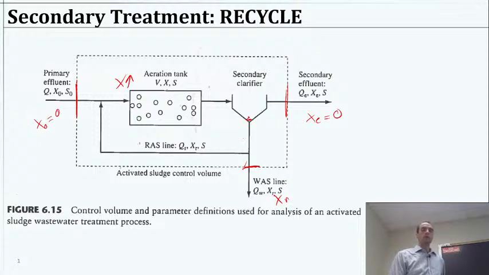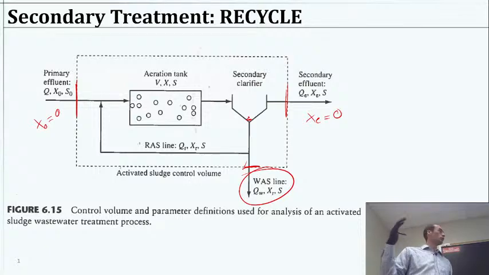So when we start dealing with a recycle system, what we'll find is we have several equations to relate to one another. And we'll also see that the amount that we are sending out the waste line happens to be very important and can control a lot of what we've got going on inside.